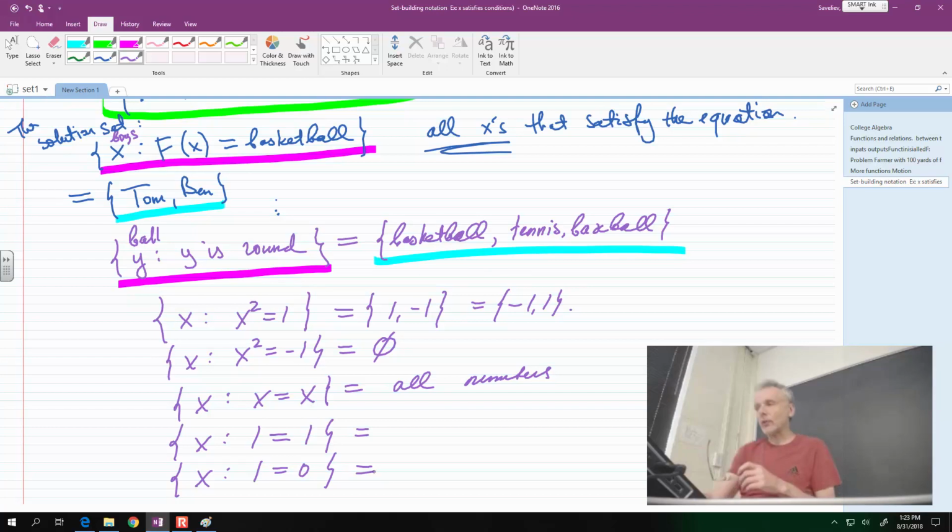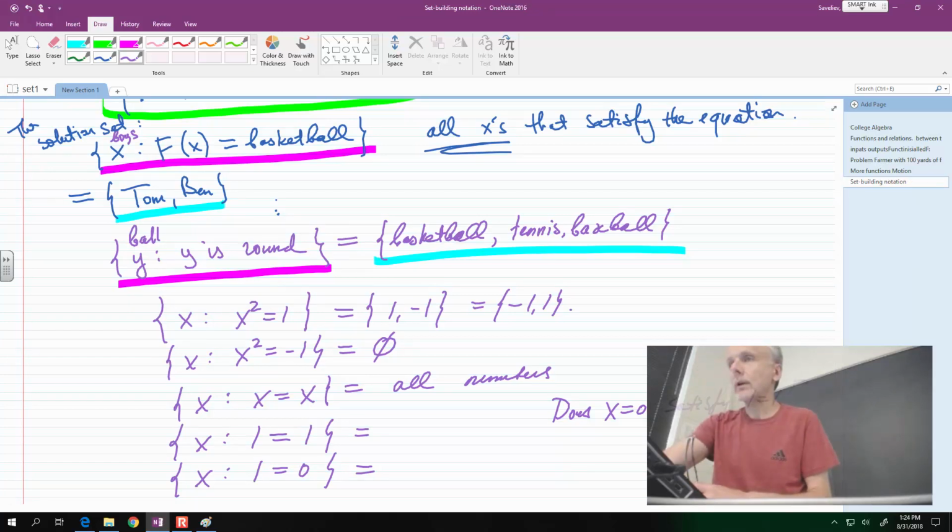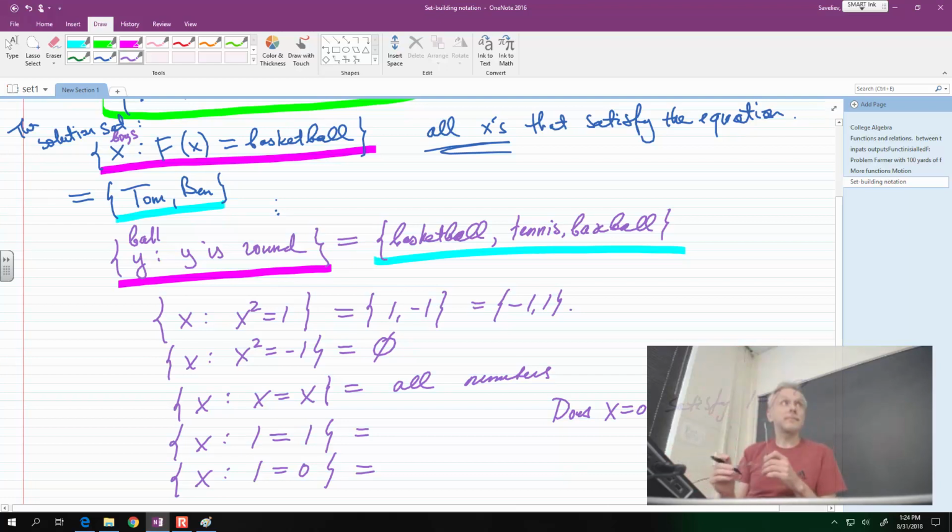If x is equal to 0, does x equal to 0 satisfy 1 is equal to 1? There is no x there. The left one, 1 is equal to 0, also doesn't have x there, and yet the answer will be different.